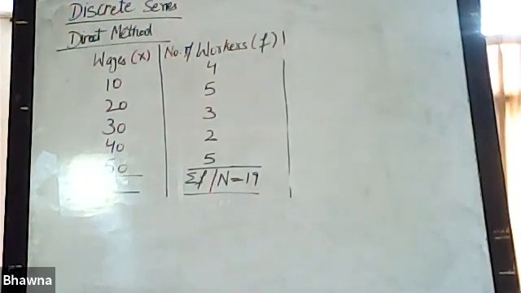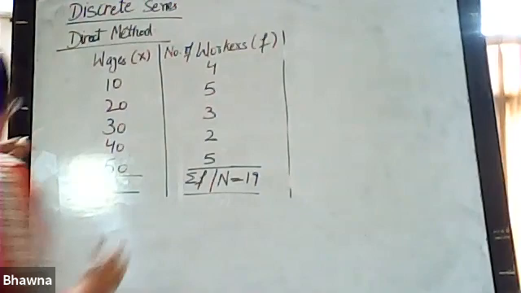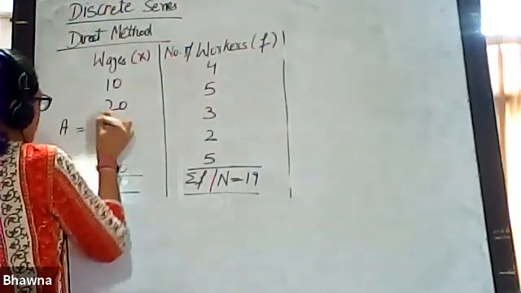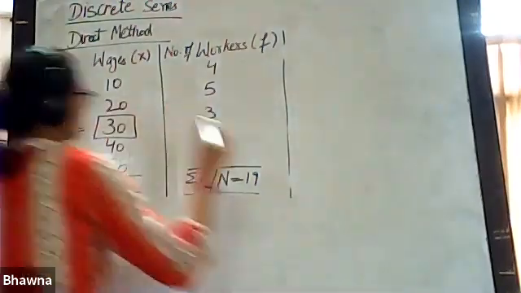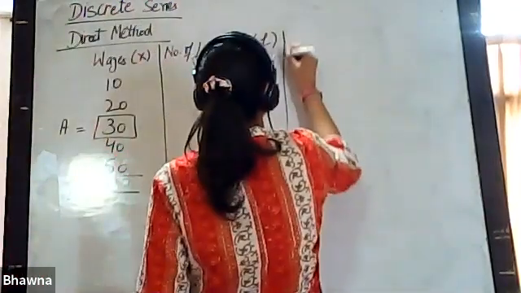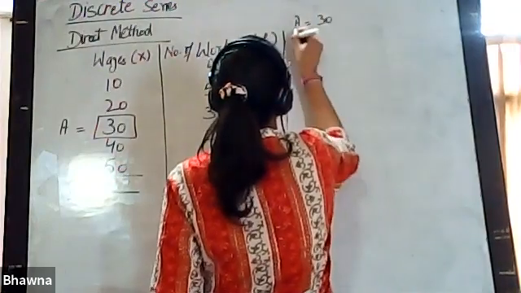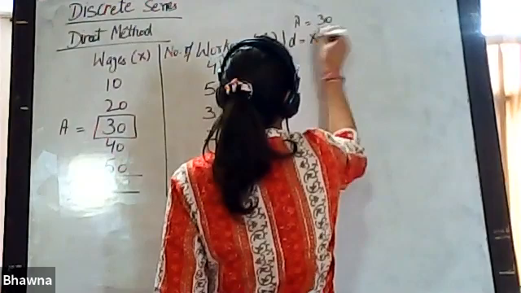Here we have to choose the assumed mean, and in this series we choose the assumed mean from the x values, that is 30. A is equal to 30, and d is x minus A.